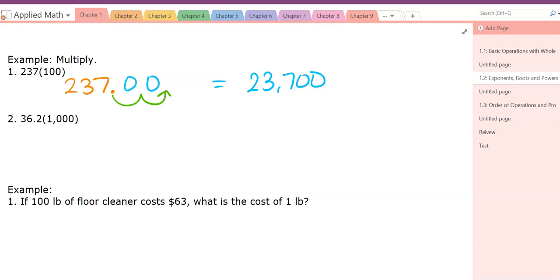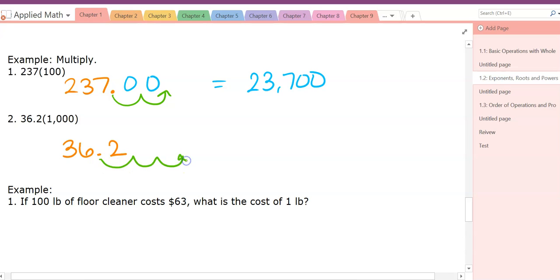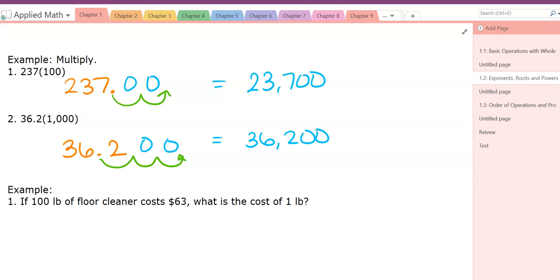Same thing works with the second one. Now this one has a decimal already in there. The 1,000 has 3 zeros, so we go to the right 1, 2, 3 times. Fill in those empty spaces with zeros. So we have 36,200. For this next example, it's saying that if 100 pounds of floor cleaner costs $63, what is the cost of 1 pound?